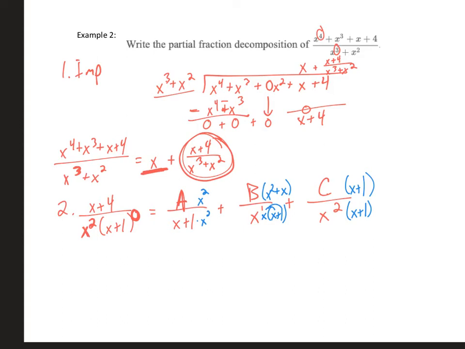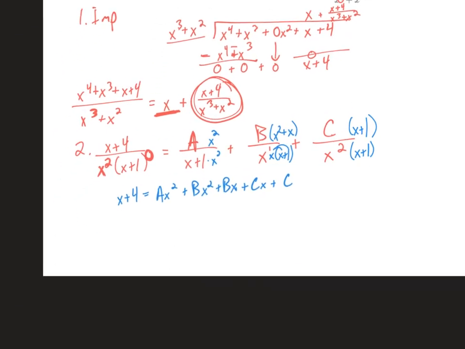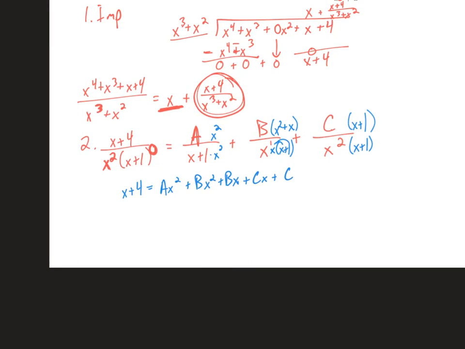Now that my denominators are the same, the numerators must be equal. So x plus 4 equals ax squared plus bx squared plus bx plus cx plus c. I'm going to group stuff. Notice I don't have an x squared on the left side, so I've really got 0x squared plus 1x plus 4.